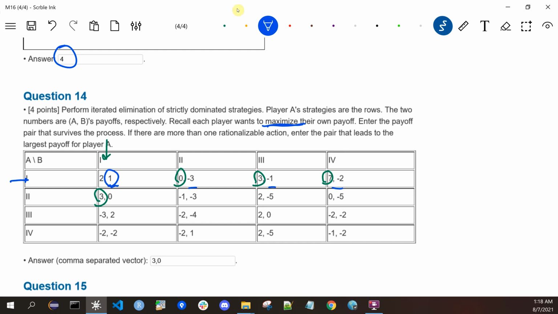So this is 1, and this is 0, and 2, and 1. So there's only one mutual best response. That's the only Nash equilibrium.